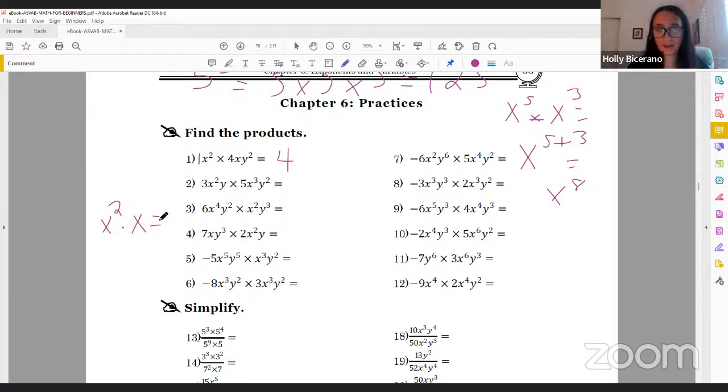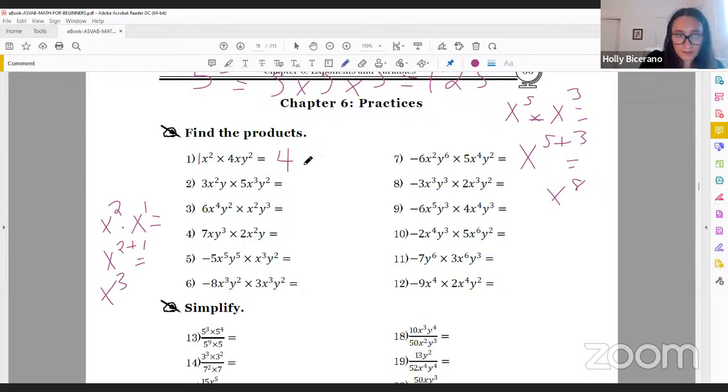So x squared times x. As I said, when you don't see a number, there's an invisible 1 there. So we have an invisible 1 here. X is the same as x to the power of 1. So you just add the exponents. So it's x to the power of 2 plus 1. And that's x to the power of 3.